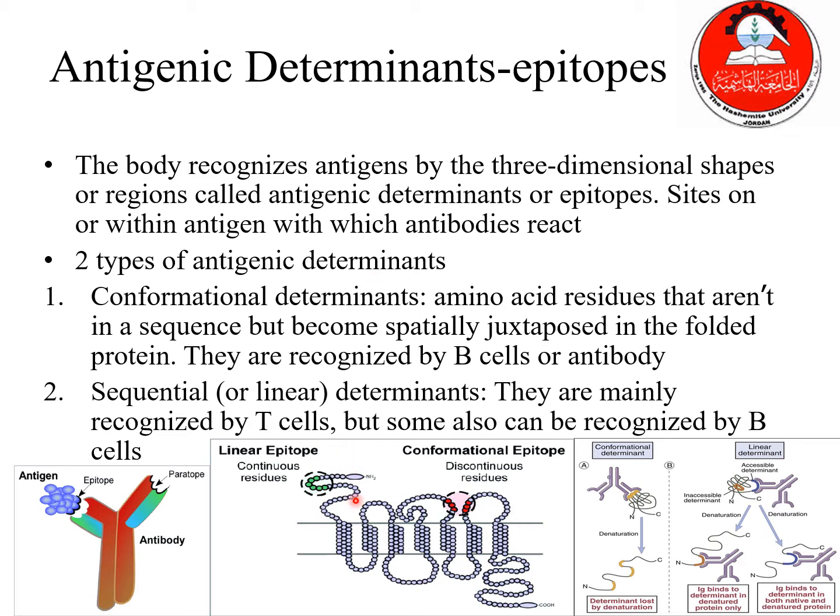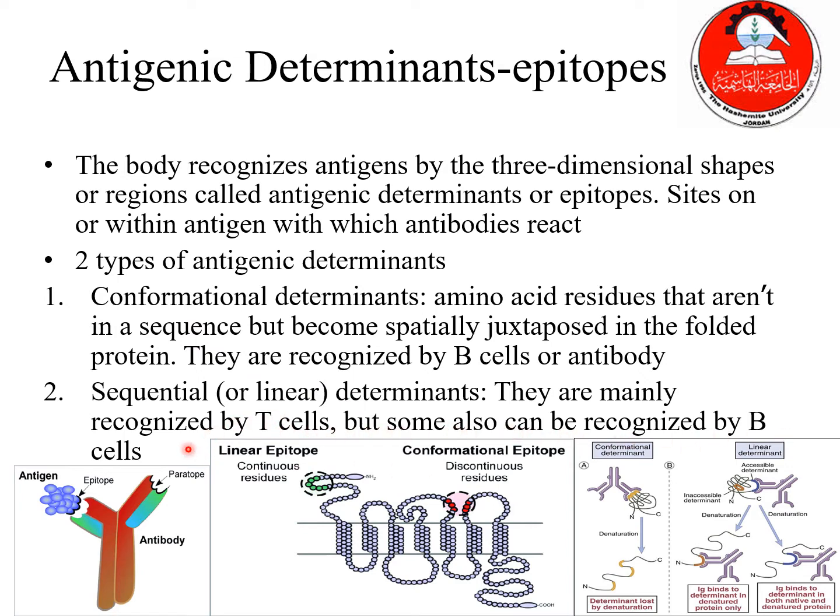And we need to look at this picture in order to understand the difference between the linear epitope and the conformational epitope. So the linear epitopes are mainly recognized by T cells, but some also may be recognized by B cells.